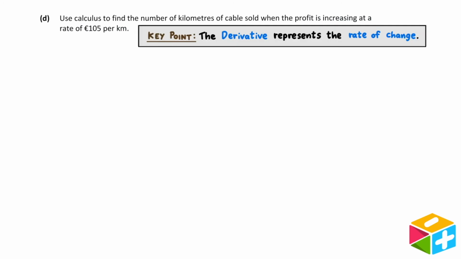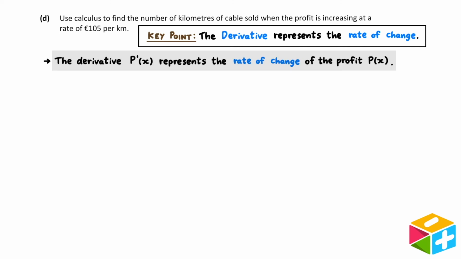A useful fact to know here is that derivatives represent rates of change. Here, we are interested in the rate of change of the profit P of x. The derivative P' of x will represent the rate of change in this profit.